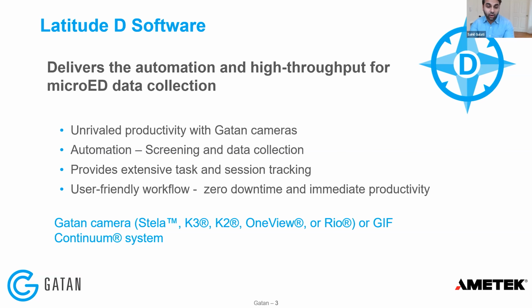Secondly, Latitude D offers automation and decreases manual user intervention, which enables you to screen your crystals along with doing data collection on the crystals. So you don't have to collect data on every crystal that you find. You can screen the crystals, making sure the crystal that you are imaging is the quality that you actually want. And if you like it, you can do the tomography electron diffraction data collection.